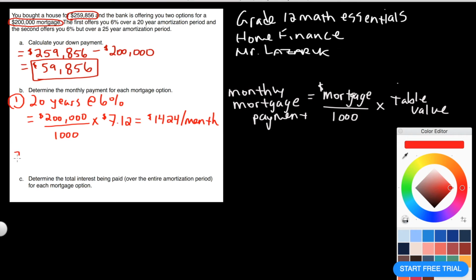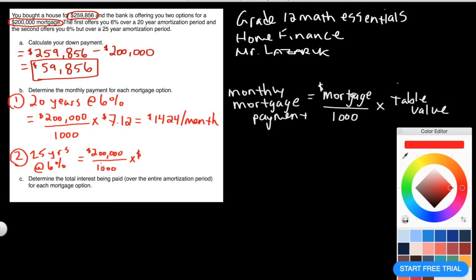The second mortgage option is 25 years at 6%. Again, I'm going to take my mortgage, $200,000, divide it by 1,000, and multiply by my table value.